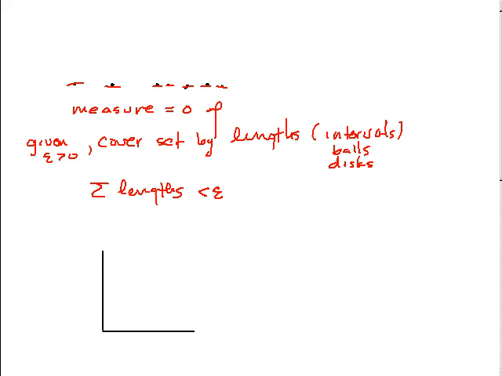So if this is x down here, and this is y, then x plus y is actually the other hypotenuse here. So this is x plus y.